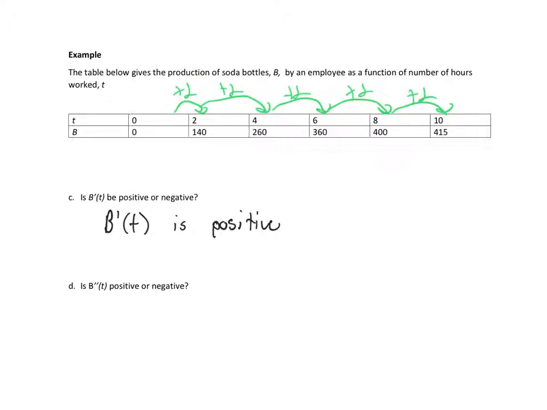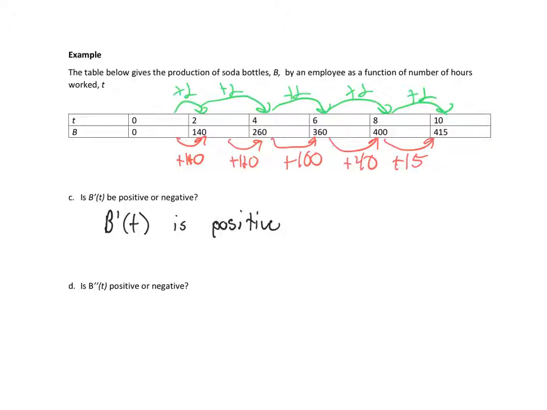But let's look at what's happening to the actual output values. During those 2 hours, the person made 140 bottles. During this 2 hours, though, they only made 120. The next 2, they made 100. Then only 40. And then 15.